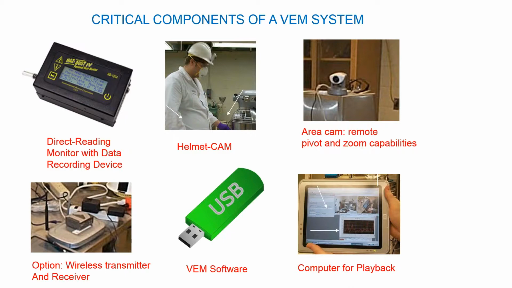Finally, the computer technology, including the option of streaming wireless data transmission from some of the commercial software. And then a computer, of course, for playback. So now we'll take a look at each of these components.